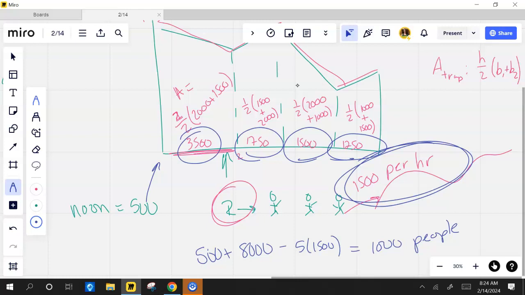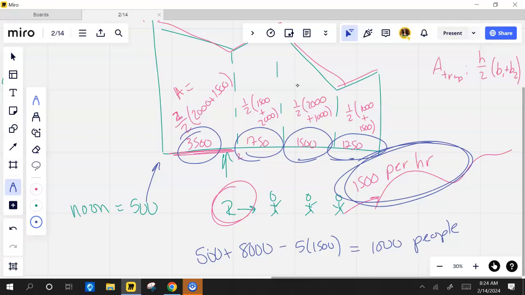But if I took the rate at the hour, added it all together, and then added 500 back to it... Okay, you took the rate at the end of each hour. It's not a constant rate, though. The rate's changing. So no, that wouldn't work.